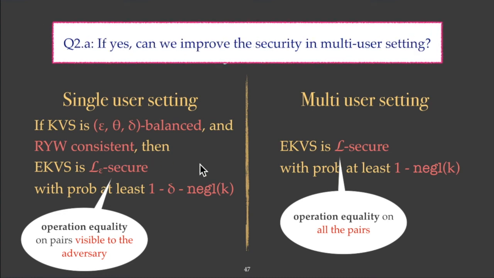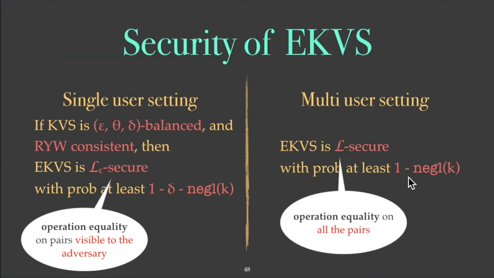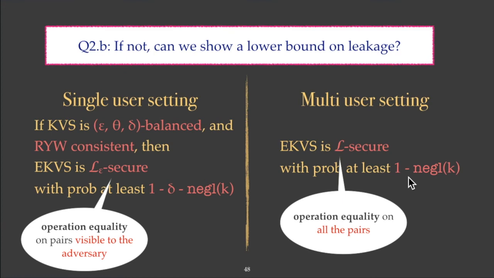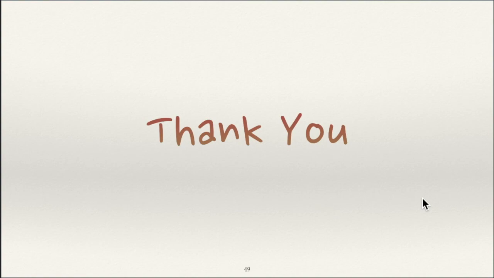And if the answer is yes, can we use the same technique, the same assumption in the multi-user setting to improve the leakage? Whereas if the answer is no, can we show a lower bound on leakage in the multi-user setting, that you have to leak at least this much irrespective of what you assume about the consistency guarantees? And that will be all.